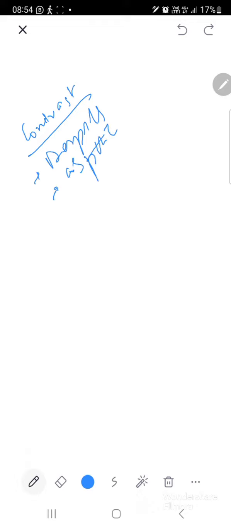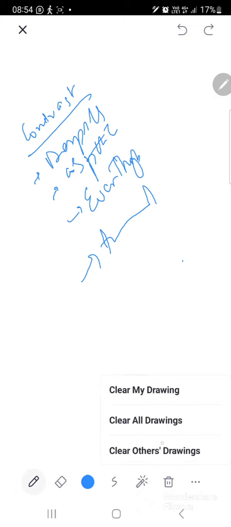The clause of contrast, with despite, in spite, even though, although, and so on. For example, I will write it down for you.